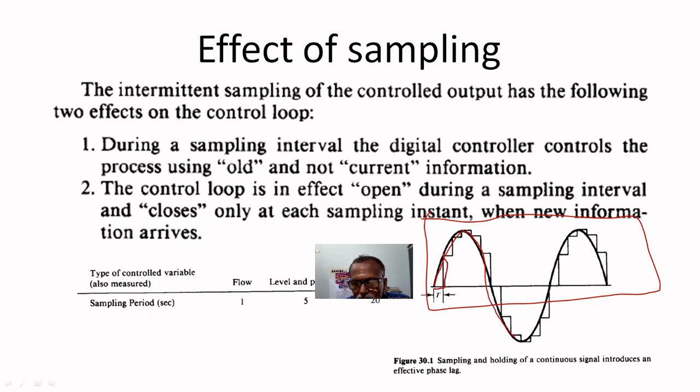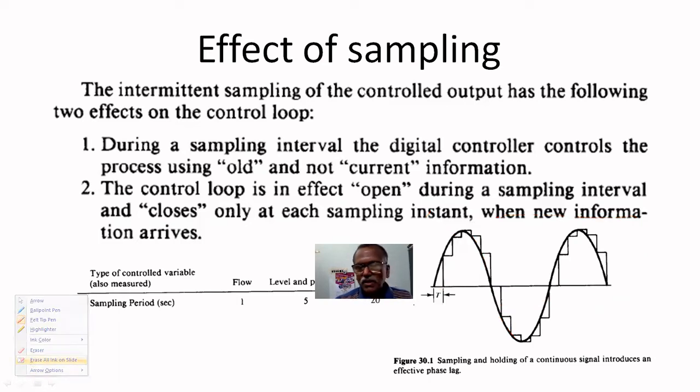The sampled output comes like this. If you compare these two, continuous means we got it earlier, sampled means we are getting it after some time. Therefore, that is a lag, a delay in the process output. You can see the same here also.